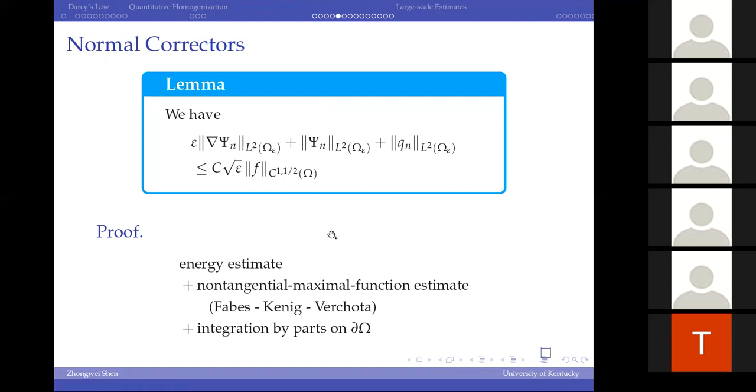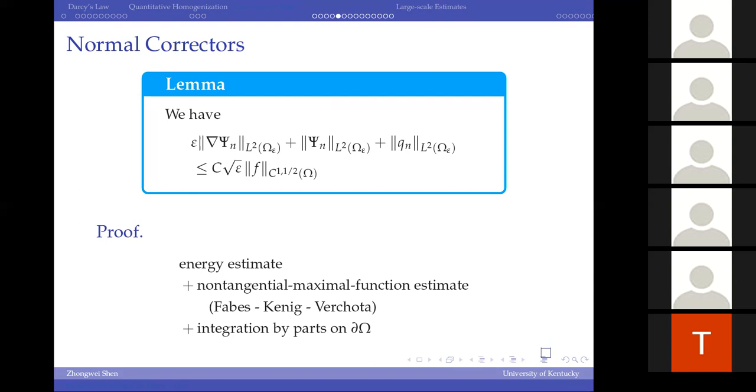Roughly, the proof involves the energy estimate, as well as the non-tangential maximum function estimate due to Phipps, Koenig, and Vokoda in the same paper I mentioned before. And finally, an integration by parts argument on the boundary of the domain, which is going to be the most interesting part of this proof.